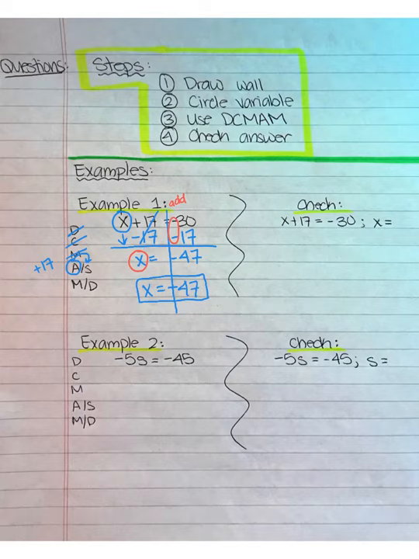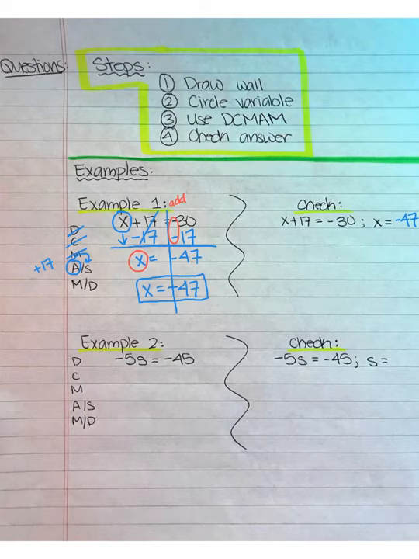Technically, you're done, but we really want to know if we did this right. So I'm going to go ahead and check it. So I figured out that x is equal to negative 47. The process that I'm going to do is to substitute. I know x is negative 47, so I'm going to replace the x.